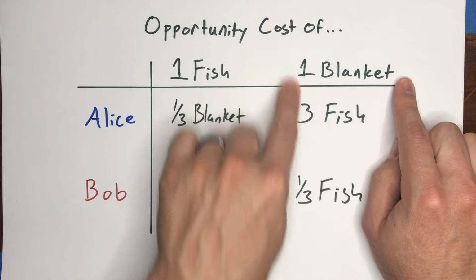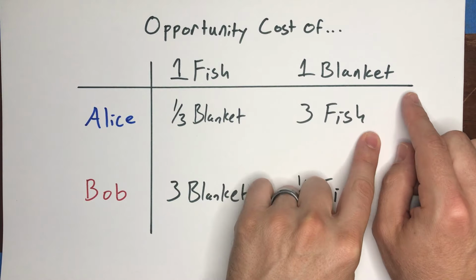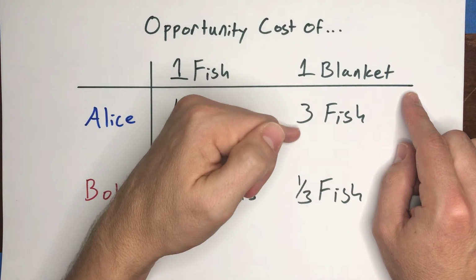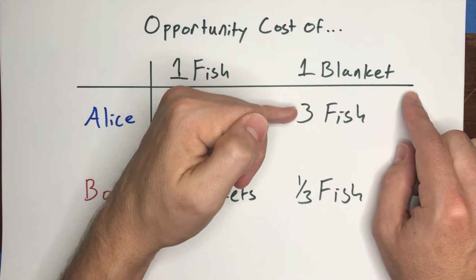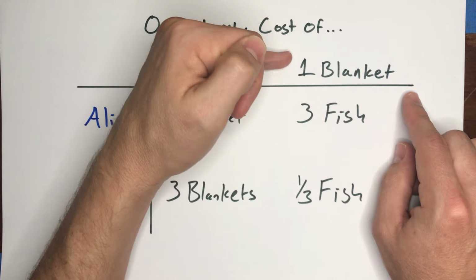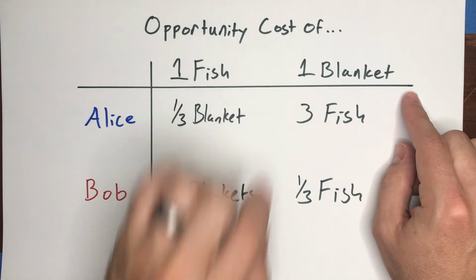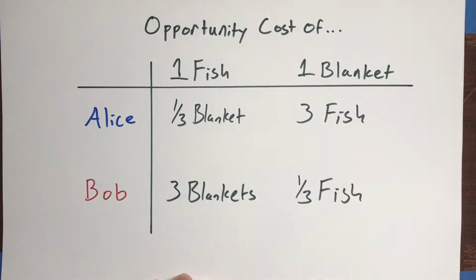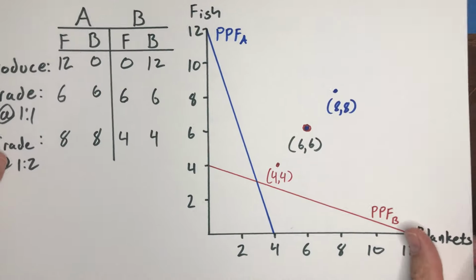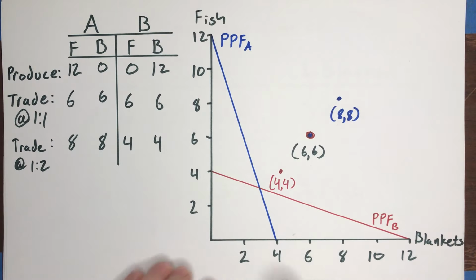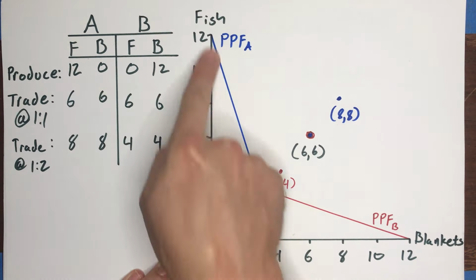For every 1 blanket she produces, that would cost her 3 fish. And so as long as she has to give up fewer than 3 fish to get 1 blanket from Bob, she will also be better off specializing and trading than she would be producing for herself. Okay. Now that you can also sort of derive from the slopes of these curves.